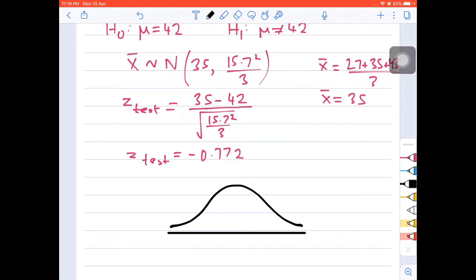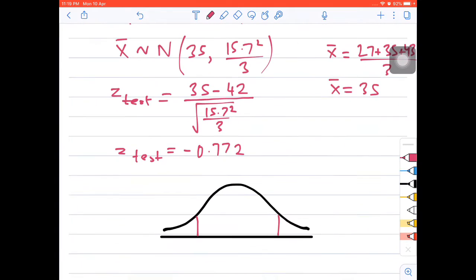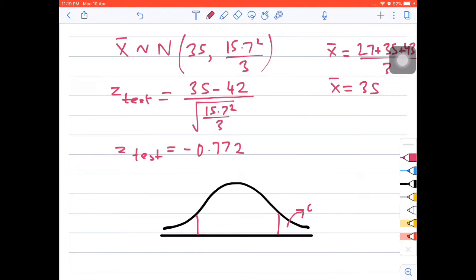Now over here it's a two-tailed test, and it's a 10% significance level. So this region should be 5%, that is 0.05, and this region should also be 5%, that is 0.05. So from here till here, this central region will be 0.9, because 10% is the significance level. So the area up to the upper critical value is 0.95.